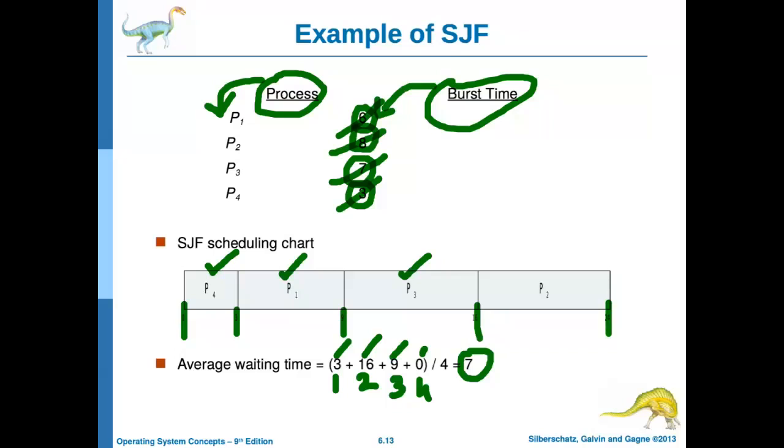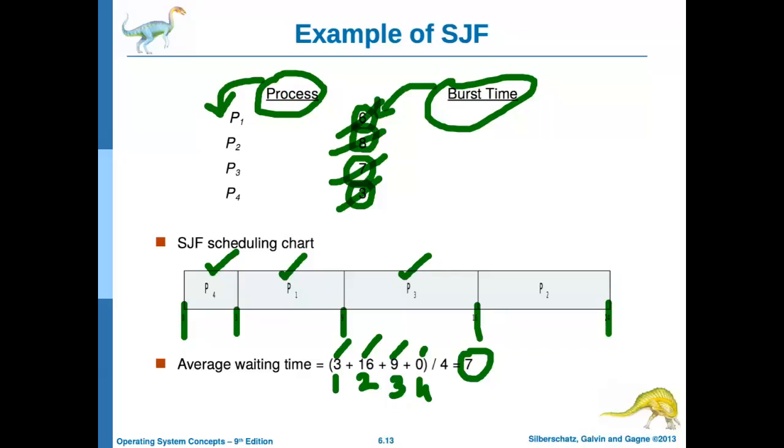That means P3 is waiting, P2 is waiting. If new jobs keep coming and entering the system, whose CPU burst time is less than P3 or P2, what will happen? How long will P2 and P3 wait?